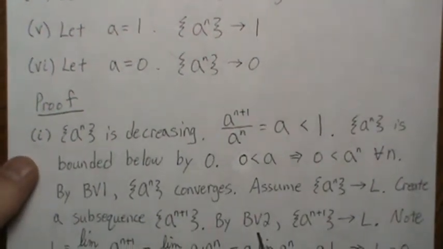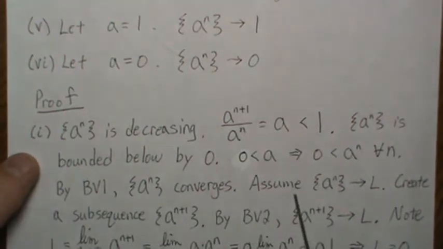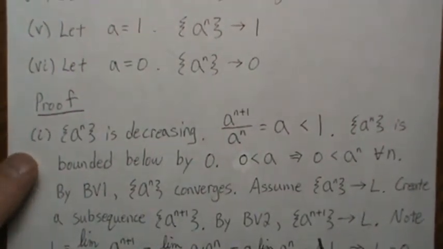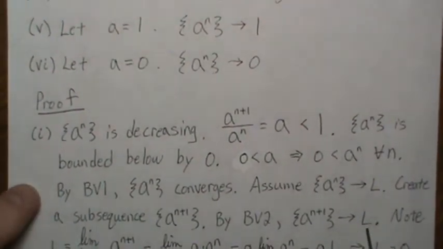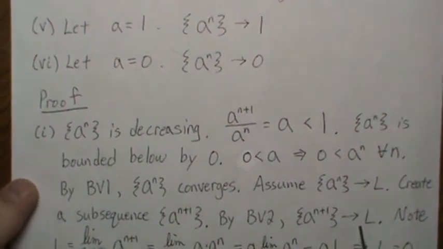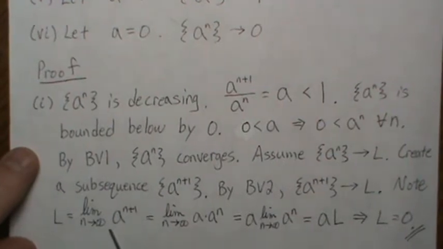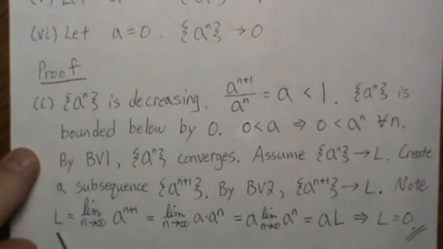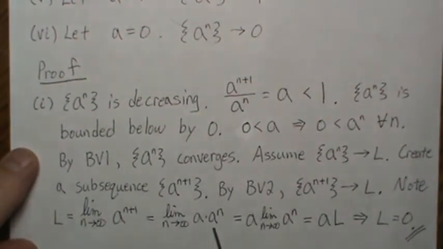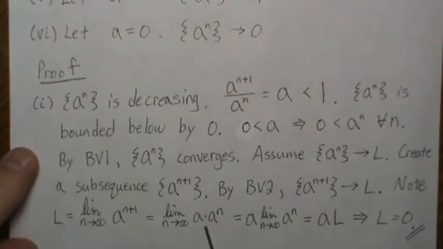Now, by background video 2, since this is a convergent sequence, every subsequence converges to the same value. So let's look at this subsequence. We know it converges to L, but this limit is the same as A times A raised to the n.